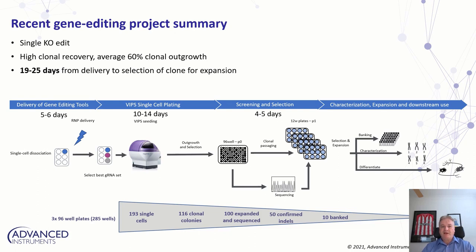So putting this into our Solentum workflow, I'll describe the platform in a moment, but first of all, notice the short timelines for doing this process. 19 to 25 days from basically the gene editing through to banking the clones. And this is a single round of cloning, I should emphasize, using the VIPS platform.